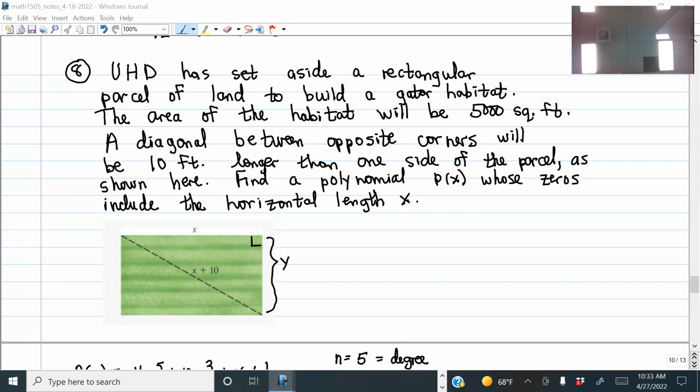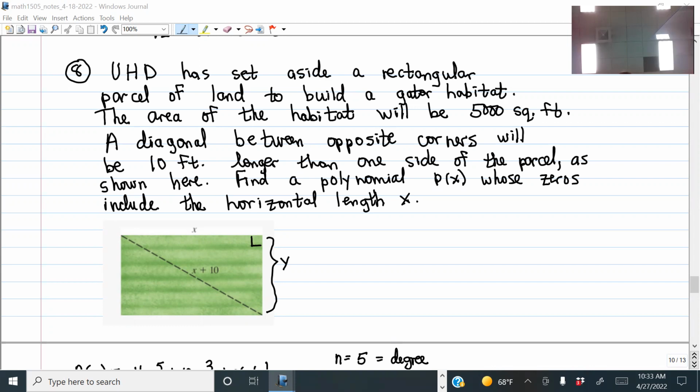And it says a diagonal between opposite corners, which you can see drawn in the picture, will be 10 feet longer than one side of the parcel of land shown here. We want to find a polynomial.